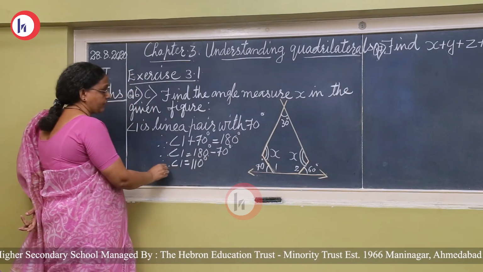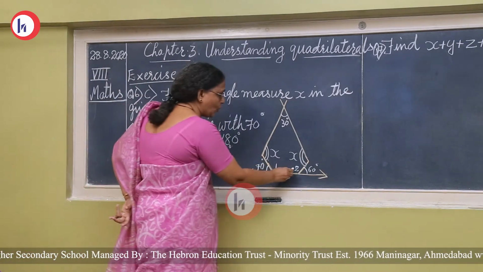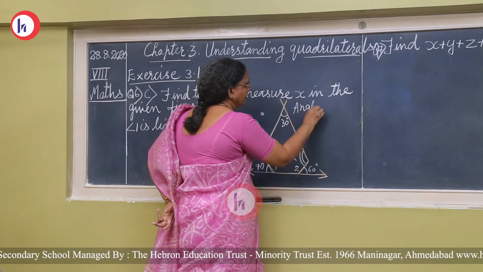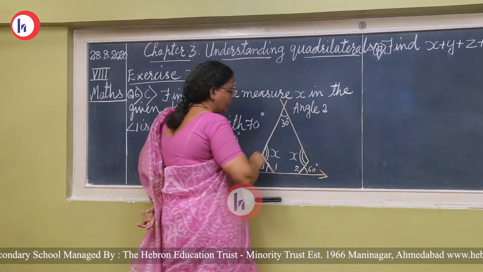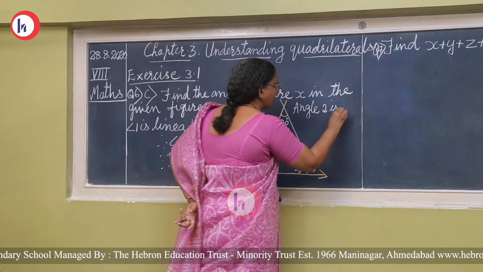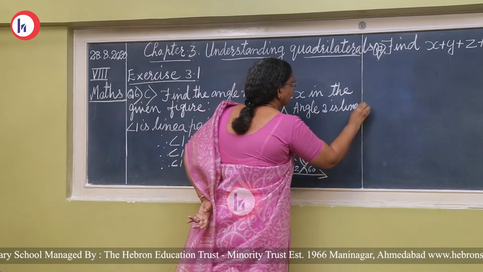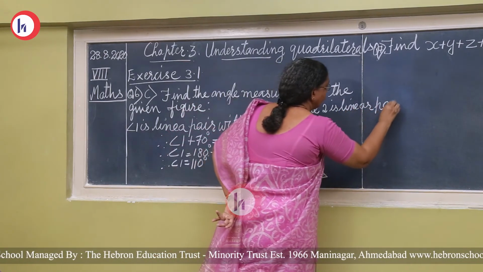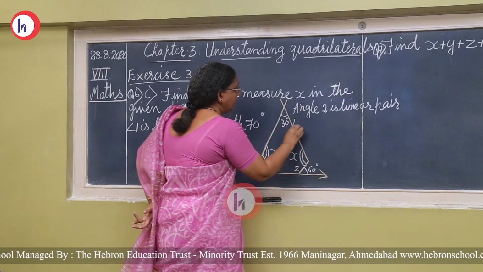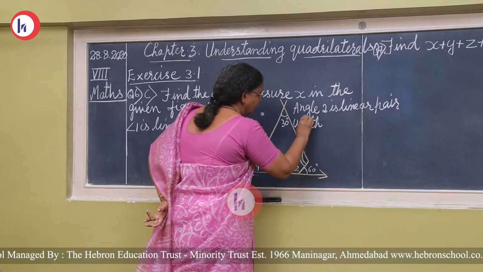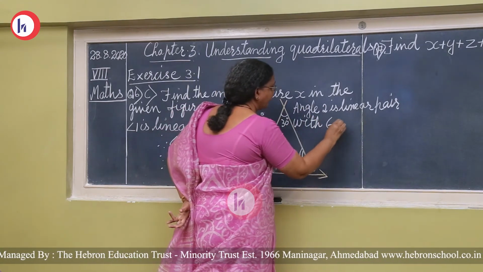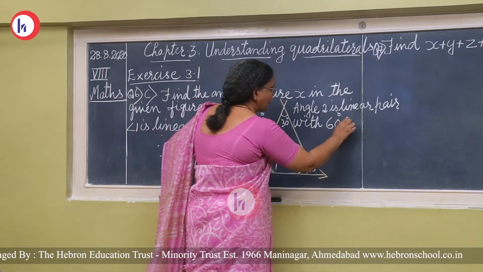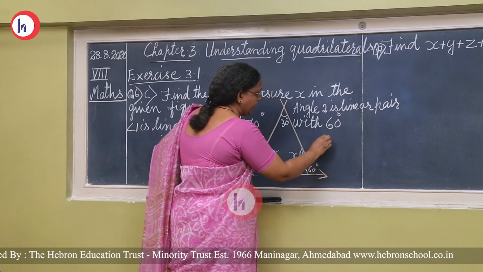In the same way, we can find angle 2 also. Now, angle 2 is a linear pair with the 60 degrees. Then we already learned that the total sum of a linear pair is 180 degrees.